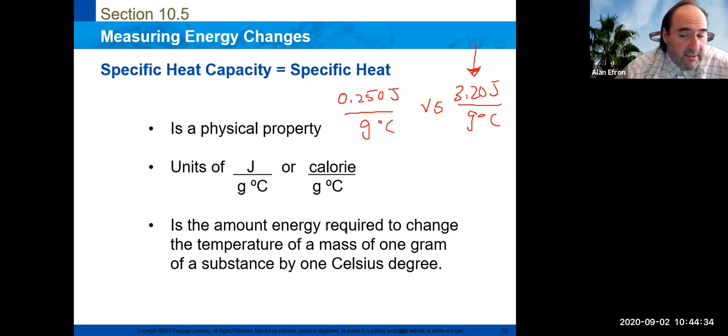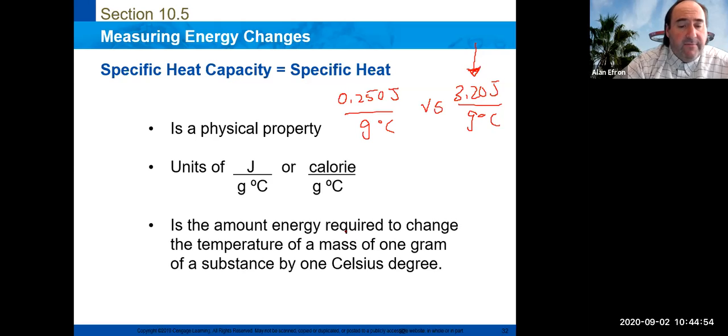Again, on the left, you just need to put in 0.25 joules of energy per gram to raise it, while the other one you've got to put in about 3.2. So you can look at something like the specific heat capacity of a substance, and it can kind of give you an idea as to whether or not it takes a lot of energy to change the temperature or not.